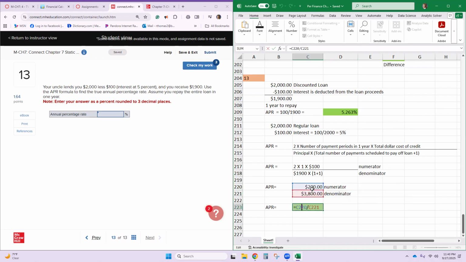When you take 200 divided by 3,800, you get 5.263%. So that is the same number. And that finishes our problems for chapter 7.